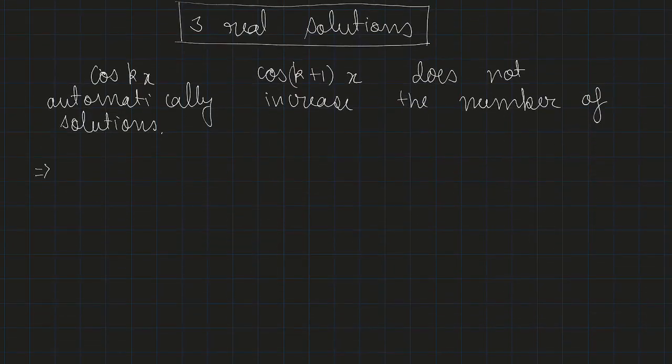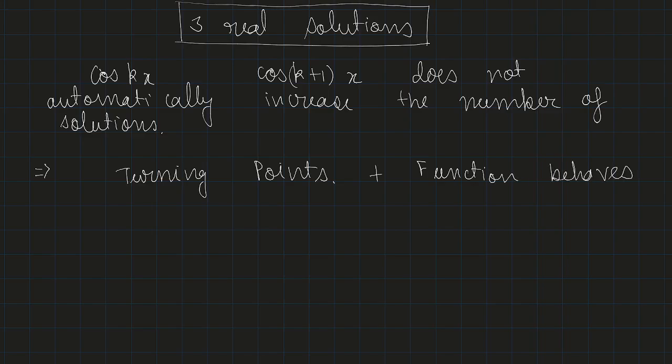What actually decides the number of solutions is the turning points and how the function behaves at the endpoints.